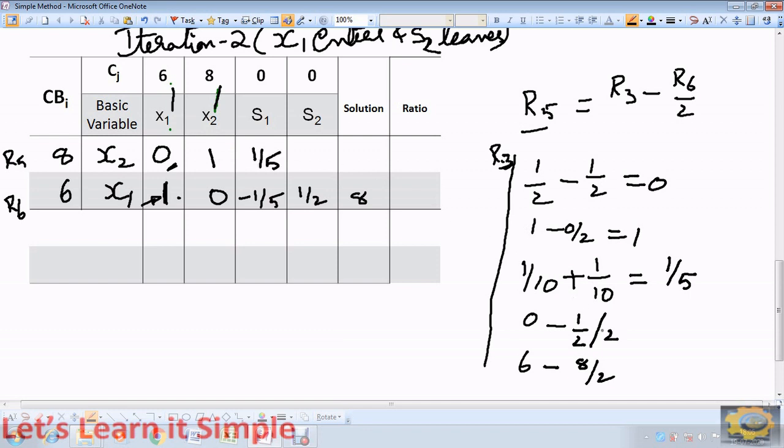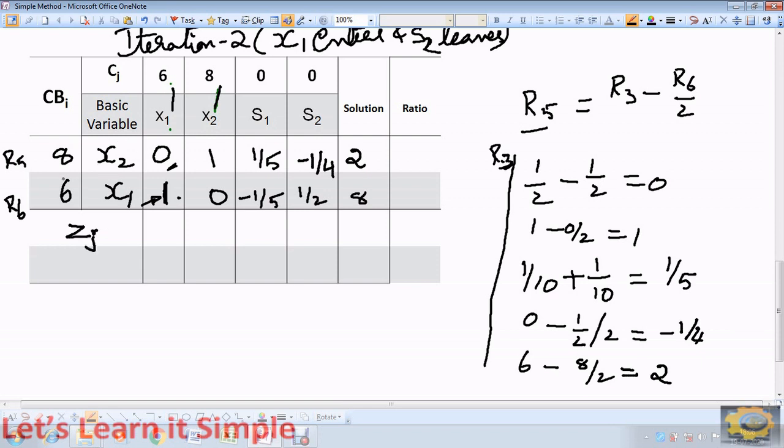Bring it here. 0 minus 1 by 2 by 2, it will be minus 1 by 4, and this is here minus 1 by 4, and 6 minus 4 by 2, that is 2 here. So bring it here. That's it. So we are done. Next is we need to find z of j.